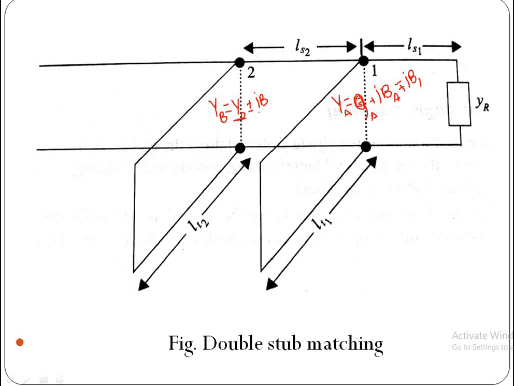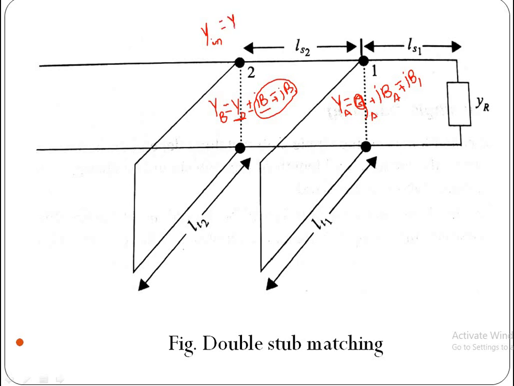This is the susceptance of the main transmission line at point 2 before connecting stub 2. Now if stub 2 is connected, then its susceptance is minus or plus JB, and these susceptances are cancelled after connecting the second stub. Then the input admittance at point 2, adding that, finally we are getting Yn is equal to Y0.